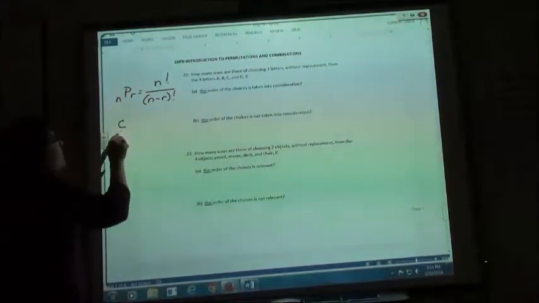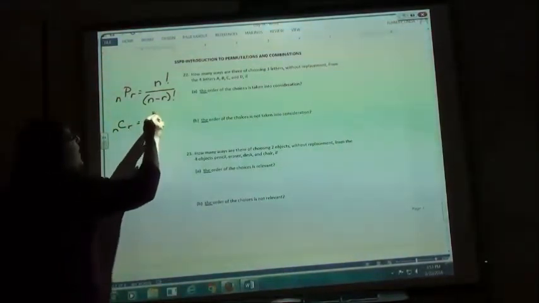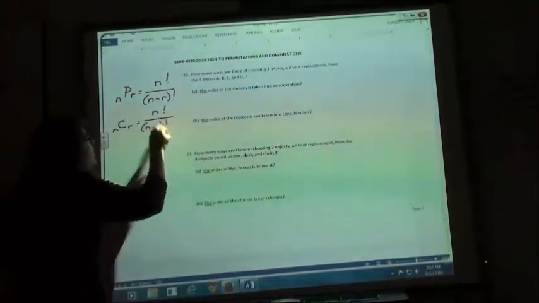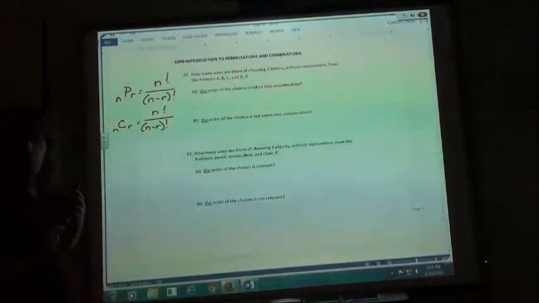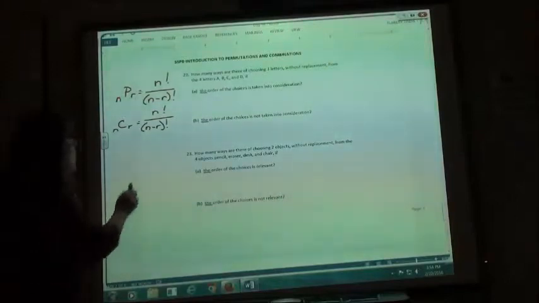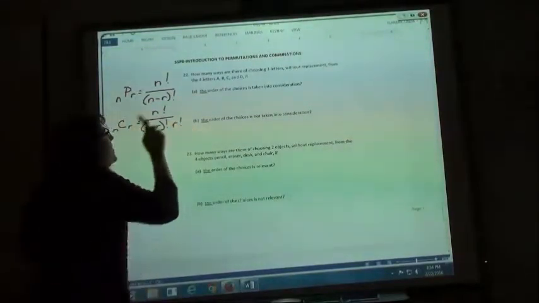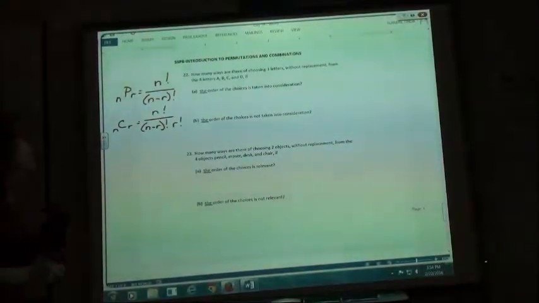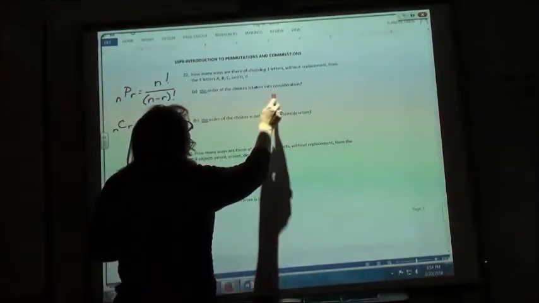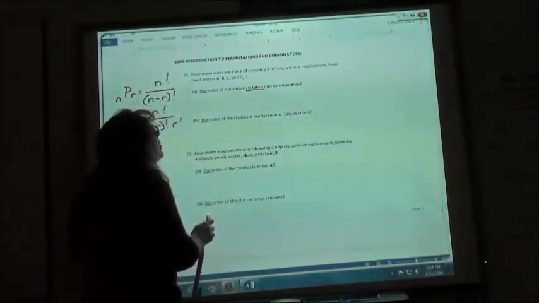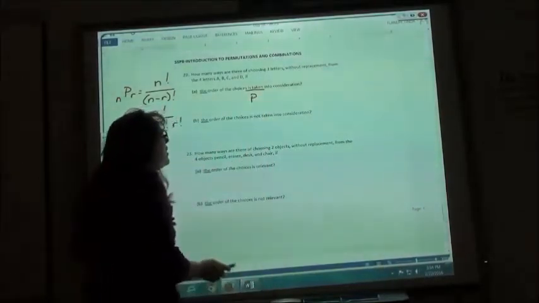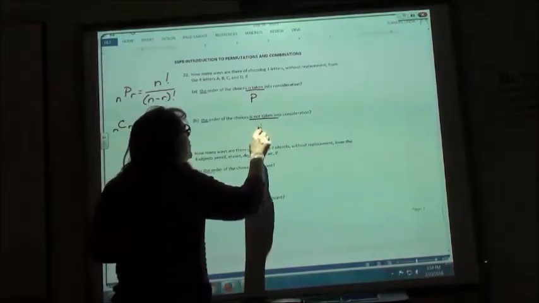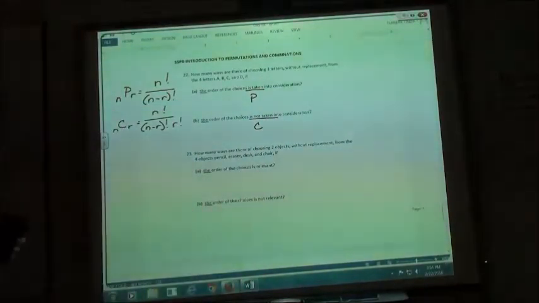For my combination, I'm going to take n factorial divided by n minus r factorial, but since the group 1, 2, 3 is the same as the group 3, 2, 1, I'm also going to divide that by r factorial to get rid of the repeats. And so if the order is taken into consideration, it's a permutation. If the order is not taken into consideration, it's a combination.